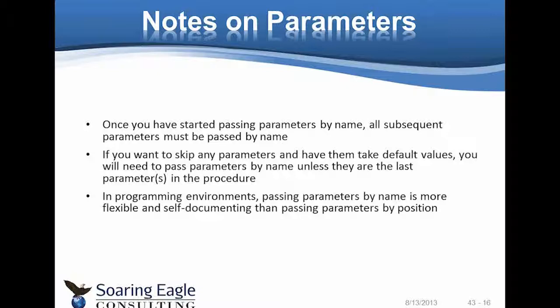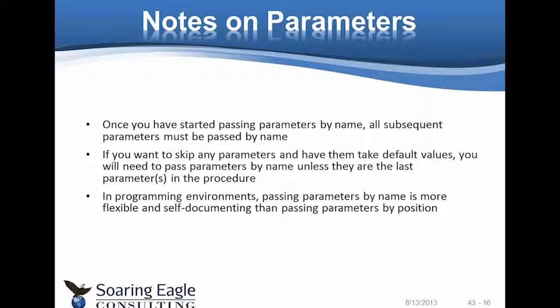Why do we want to pass them by name? Two reasons. First, it's really good documentation. Going back to an experience I had a decade and a half ago, is it more interesting to look at somebody else's stored procedure call and say, execute stored procedure 122, 1, 3, 1, 4, Fred, 2, 0, 3678, and then pass all the parameters in?